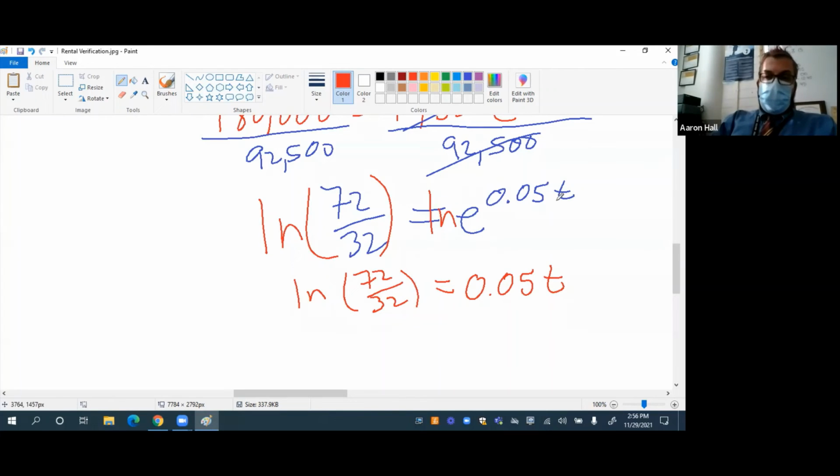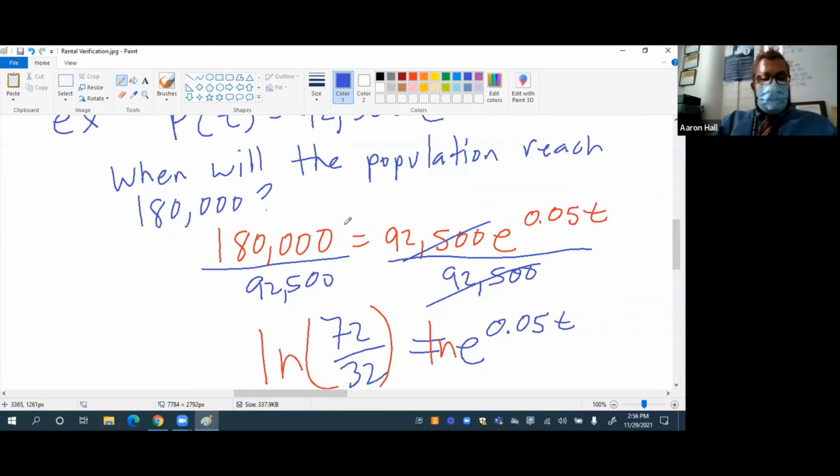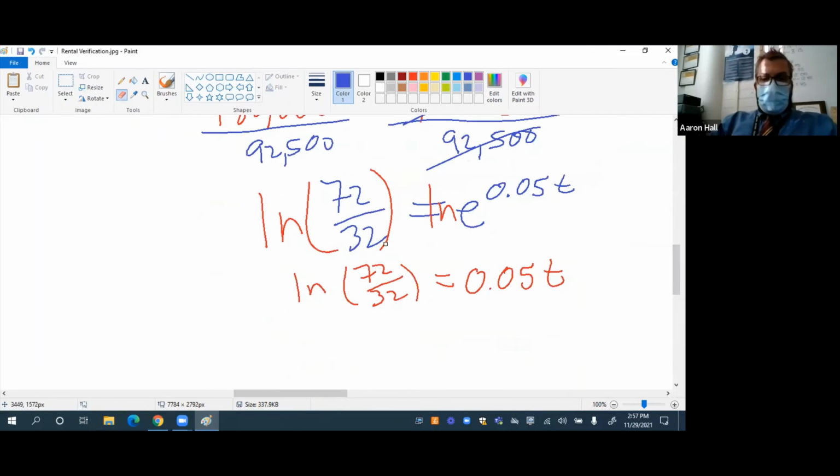What would be the next step to get t by itself? 72 over 37. Uh-oh. Okay, it's possible. Let's do math. I might have misheard Riley. So this is 72. Thank you.